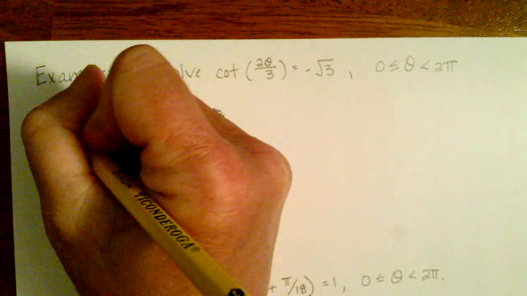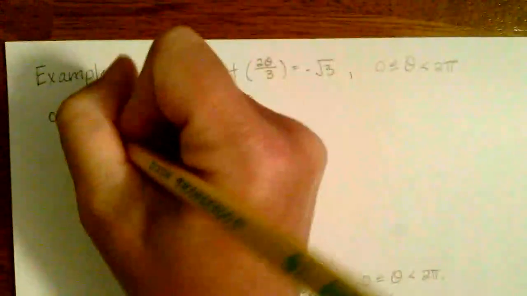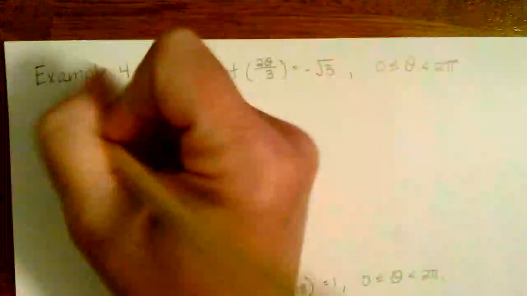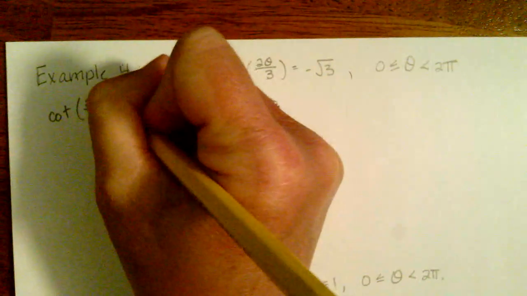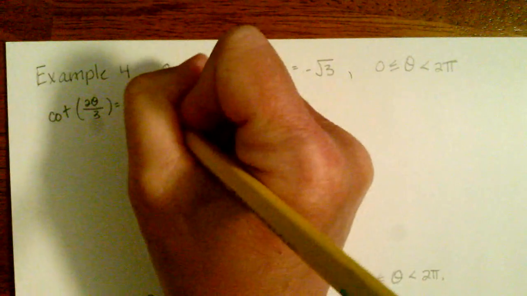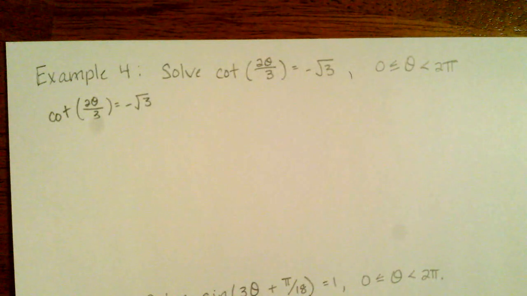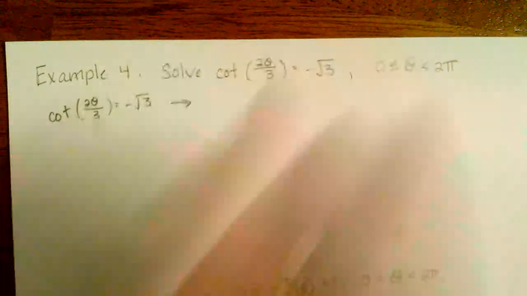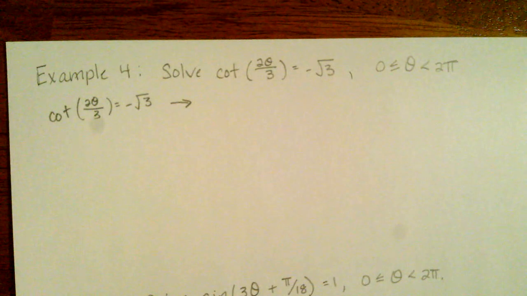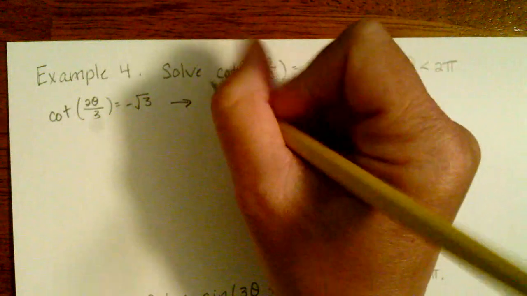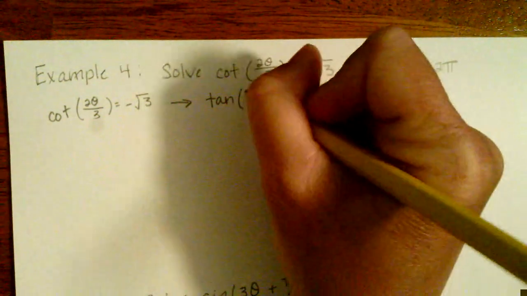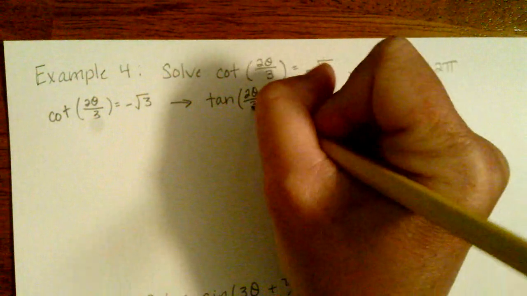Okay, so if we have the cotangent of 2 theta over 3 equals negative square root of 3. I have not memorized my cotangent values, so I am going to change this in terms of tangent. So this is going to be equivalent to the tangent of 2 theta over 3.